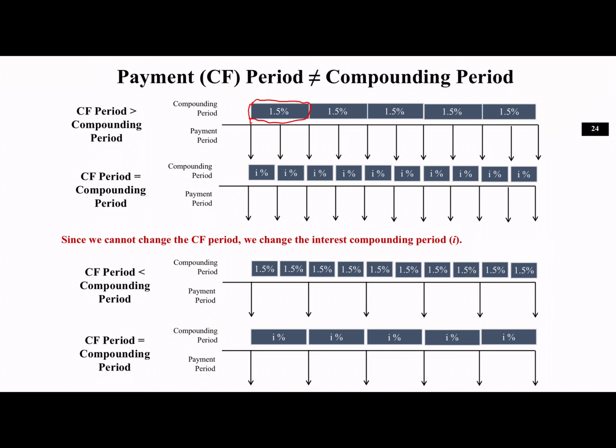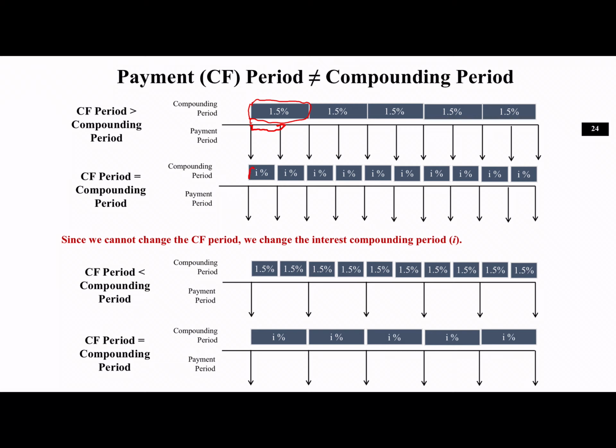All right, so the first one we have what? We have the compounding period is actually this long, but the cash flow payment period is actually this long. Right? So basically the compounding period is 2 times the payment period, right?